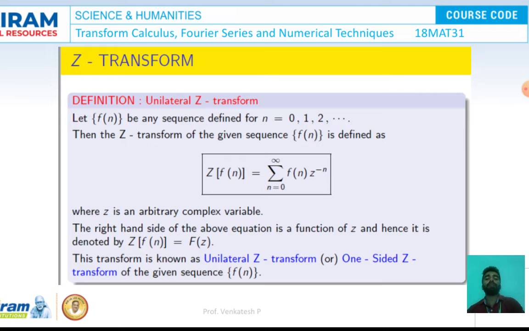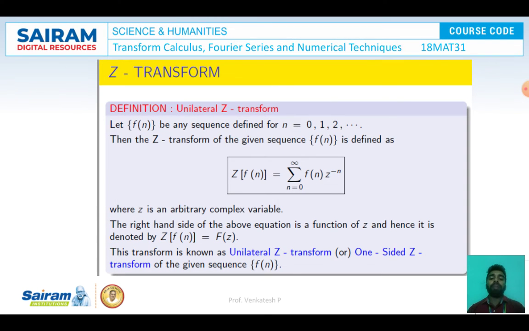This basic formula we will be using to prove all the standard formulas in the Z transform. Here Z is an arbitrary complex variable. The right hand side of the above equation is a function of Z, and hence it is denoted by Z transform of f of n is equal to F of z.